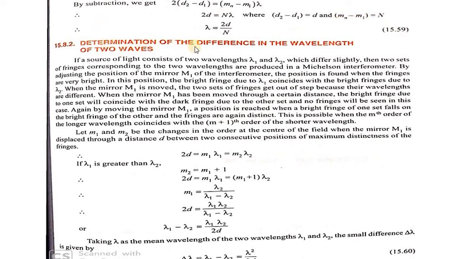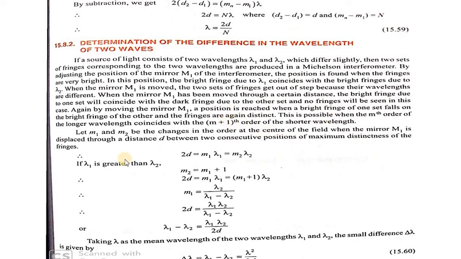Next is the determination of the difference in wavelength of two waves. Suppose for the same separation 2d, I am using two wavelengths of light, where lambda 1 corresponds to m1 fringes and lambda 2 corresponds to m2 fringes, where m2 is equal to m1 plus 1. So 2d is equal to m1 lambda 1 is equal to m1 plus 1 times lambda 2. That is, the mth order of one wavelength corresponds to the m plus 1th order of the other wavelength.